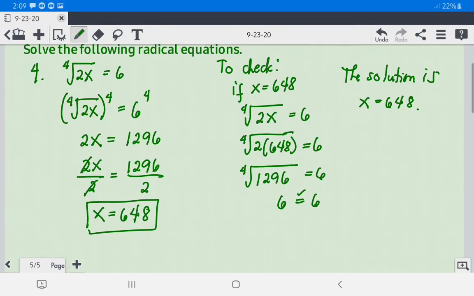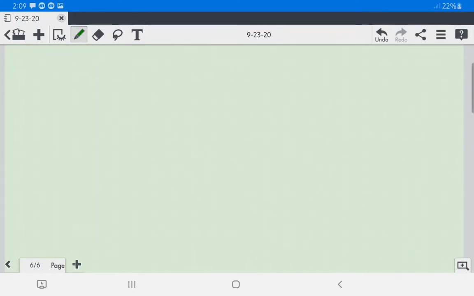Next, number 5. Let's say, for example, we have the square root of x minus 2, minus x equals negative 4.